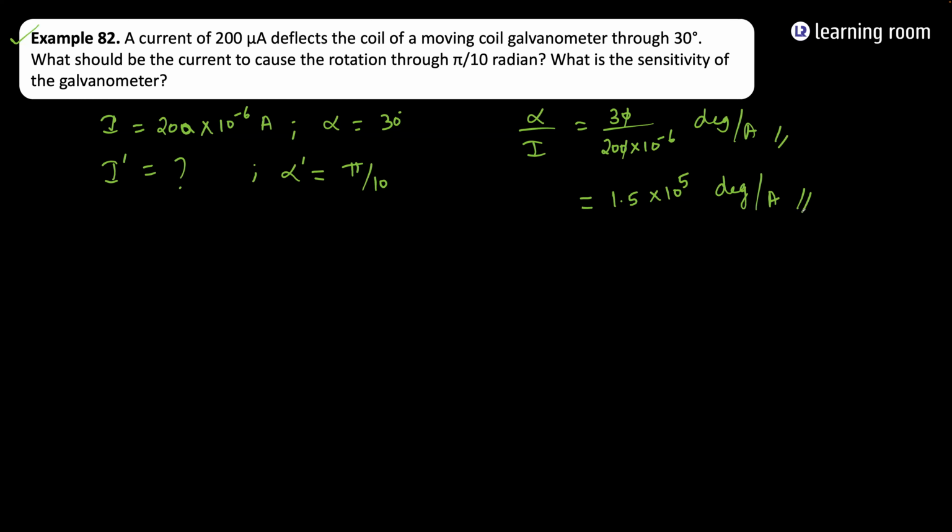So 1.5 into 10 power 5 degree per ampere. Or if you want to write it in terms of microampere, you can write it as 0.15 degree per microampere also. That is the sensitivity of the galvanometer.